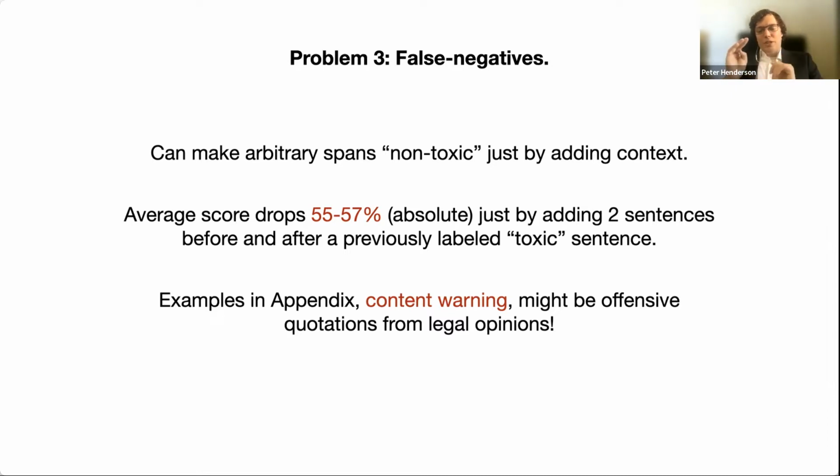I will warn you that they are offensive because courts in the past have said offensive things. There's a content warning there, but you can check it out. We basically found that you can turn any offensive span of text that a court may have quoted or said into something that is flagged as non-toxic simply by adding a few sentences around it.